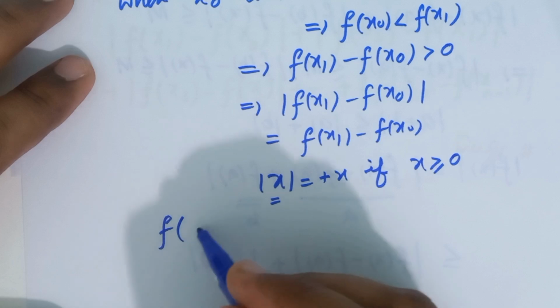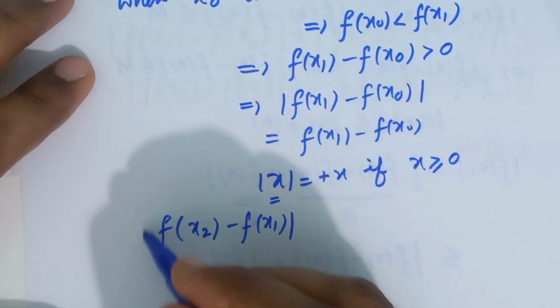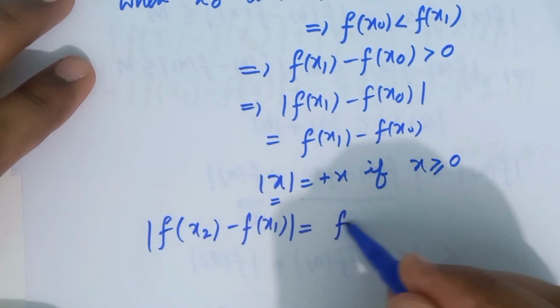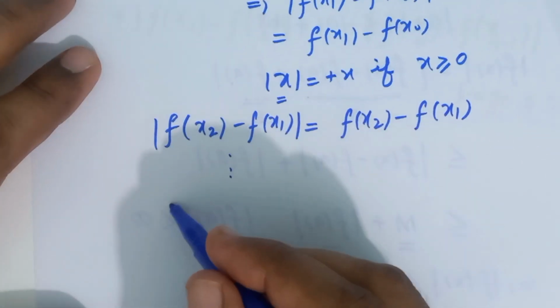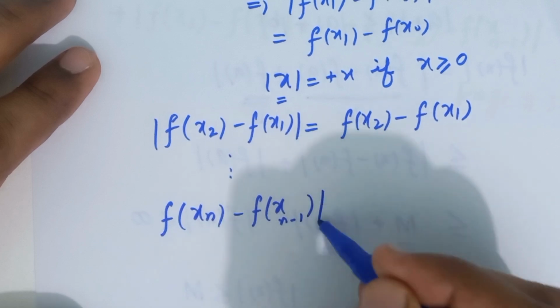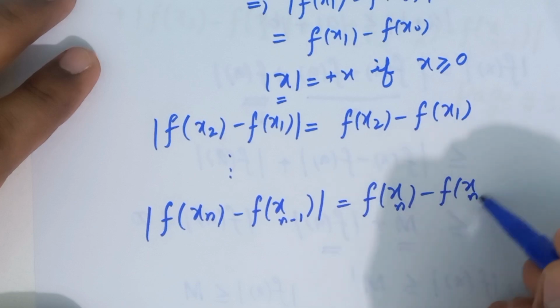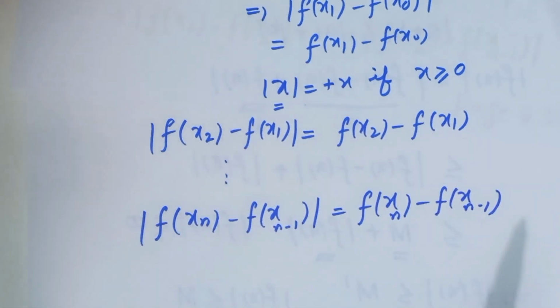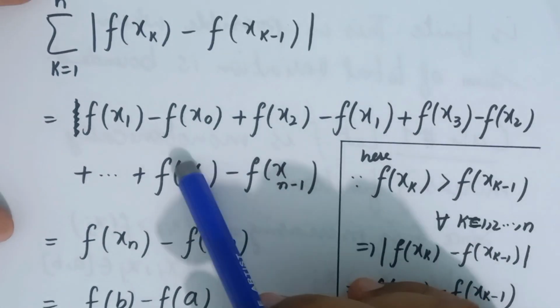Similarly, for the other terms of the sum of total variation, the absolute value of f of x2 minus f of x1 is equal to f of x2 minus f of x1, and so on, up to the absolute value of f of xn minus f of xn minus 1, which is also simply f of xn minus f of xn minus 1. So that's why we are now dropping the absolute values.